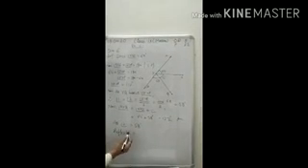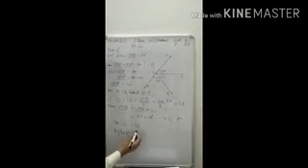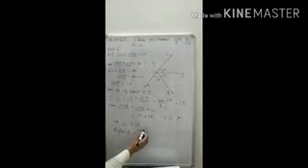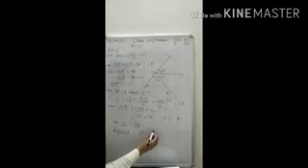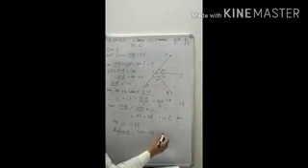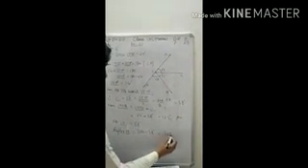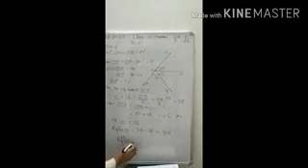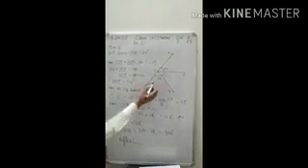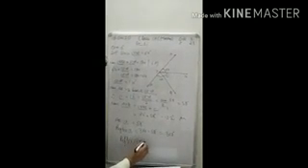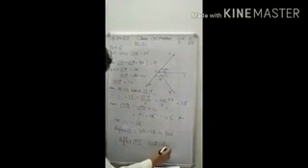So reflex angle 2 is 360 minus 58 degrees, which is 302 degrees. Now write the name of angle 2: reflex angle QYP is 302 degrees. So this is the answer of this question.